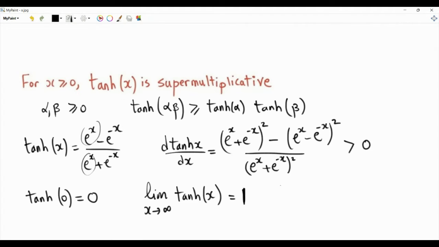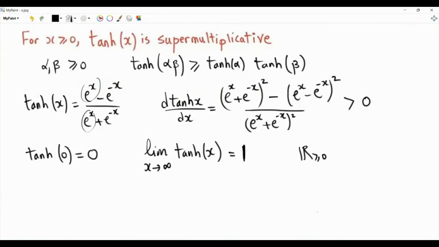So over the non-negative real line, the tanh function will increase monotonically from 0, and it will approach unity as x tends to infinity.